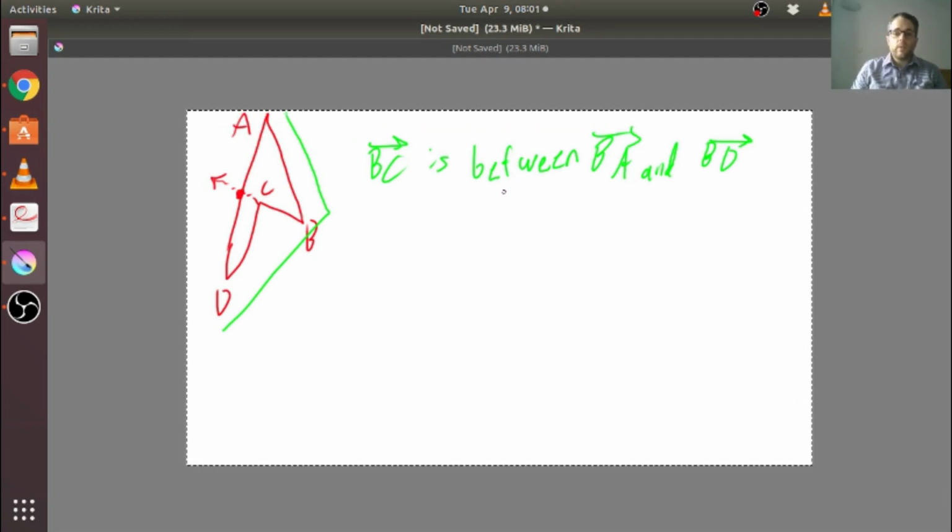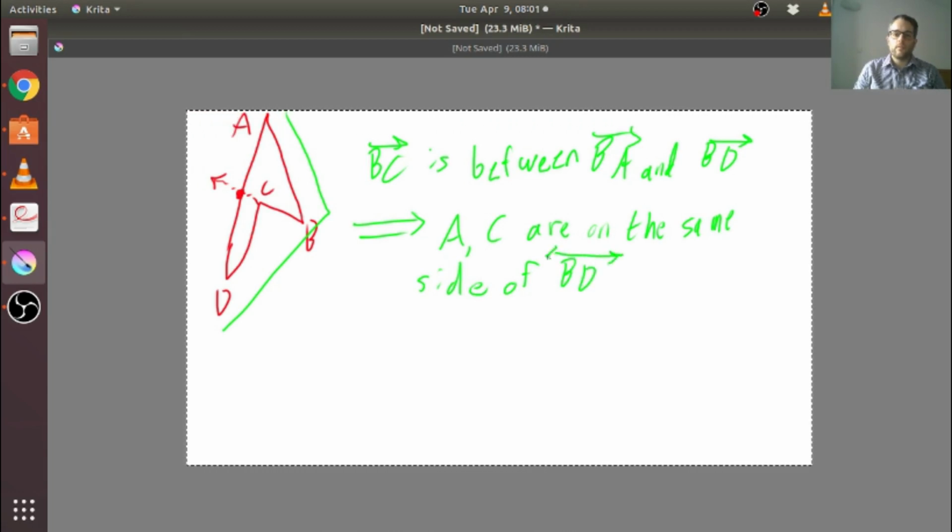So BC is between BA and BD. That tells me that A and C, the points, are on the same side of the line BD. In other words, I've got these two points here.